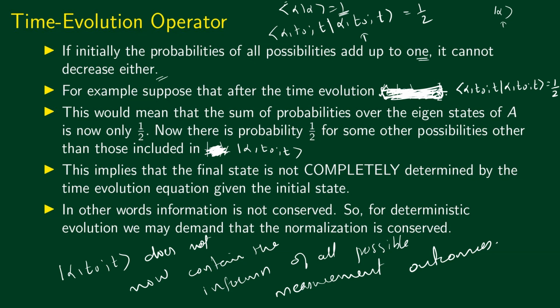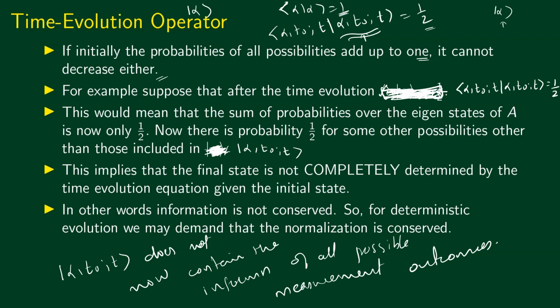All right, so I'll repeat this argument. If ⟨α|α⟩ is equal to 1 initially, this means that the probabilities over all possibilities add up to 1. In other words, specifying ket α gives the information of all the possible measurement outcomes. But if the normalization drops to half, this means that at a later time the time evolved state does not have the complete information regarding the system, because the probabilities have dropped to half.